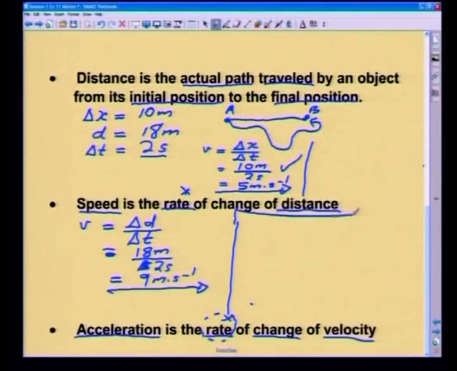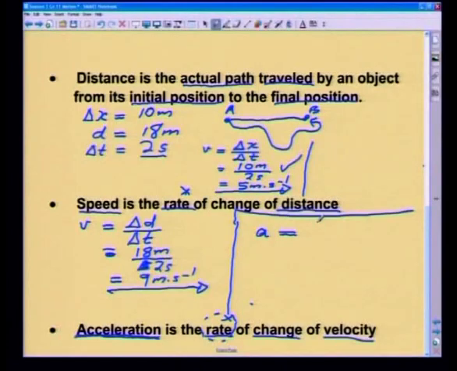Now, look, acceleration. We're saying acceleration is the rate of change of velocity. Now, this implies that velocity is changing, and therefore, if something changes, we know it changes from one particular value to another.